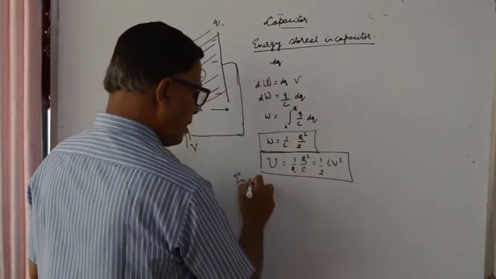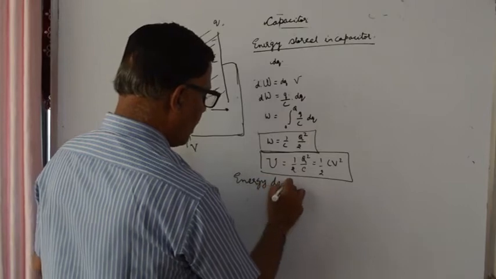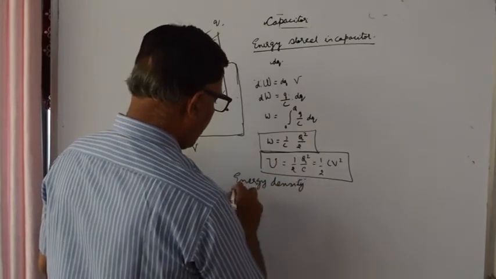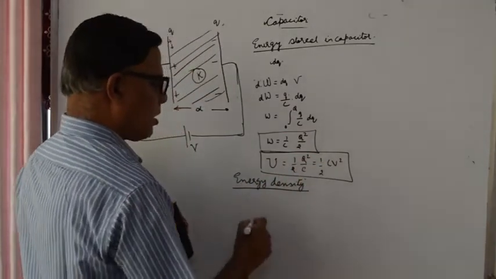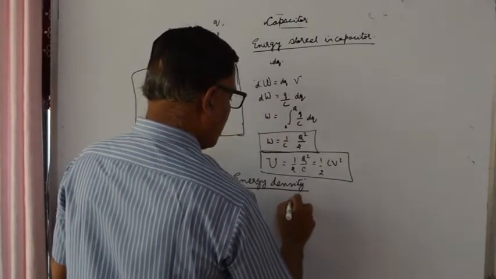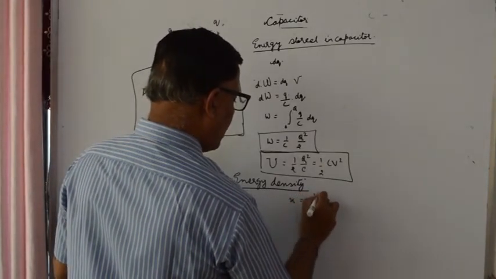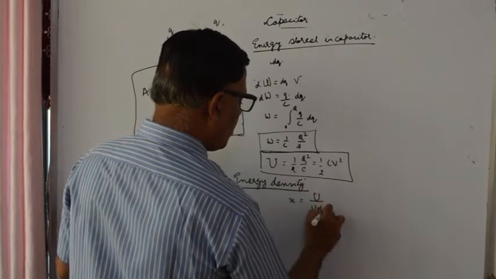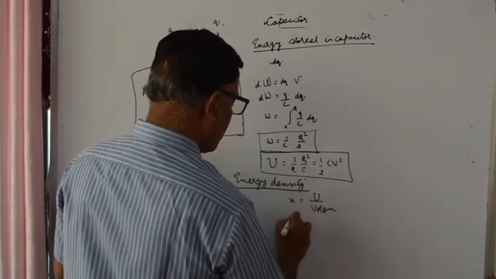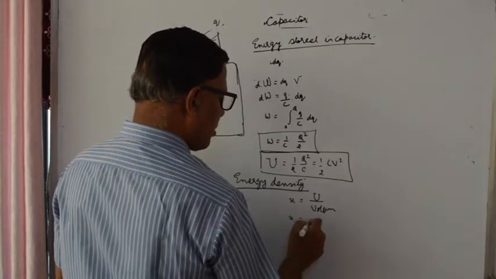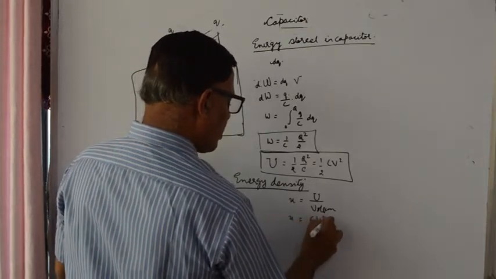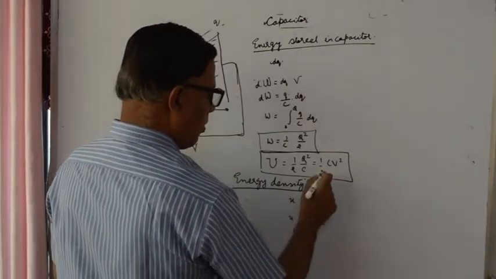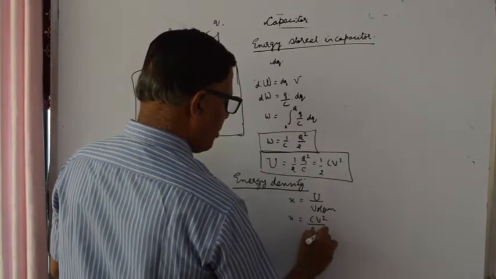Energy density is nothing but total energy upon the volume, and total energy is equal to half CV square, volume is equal to A into d.